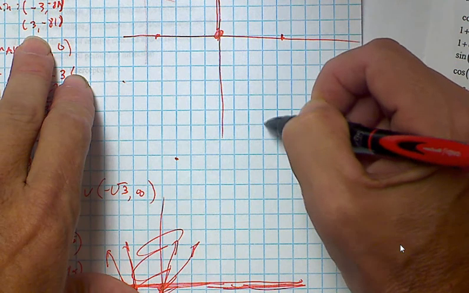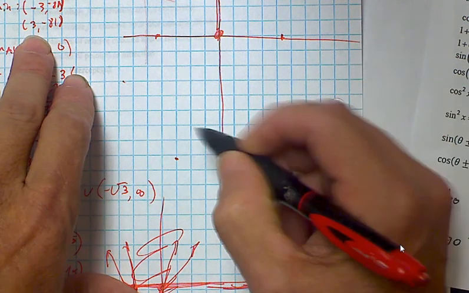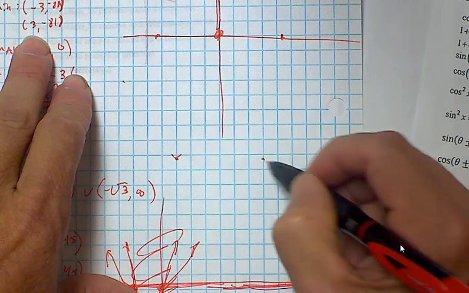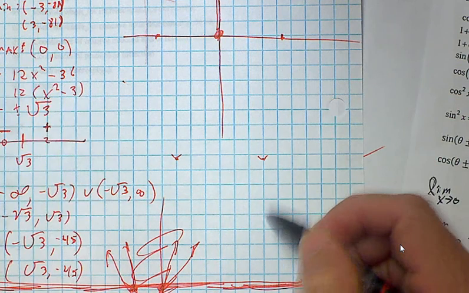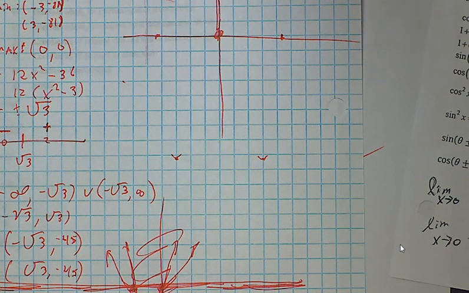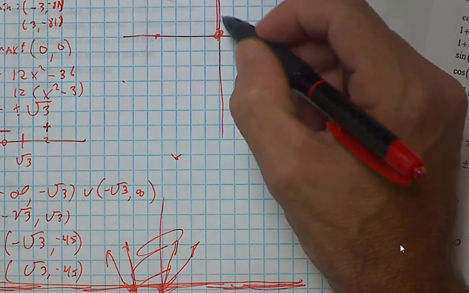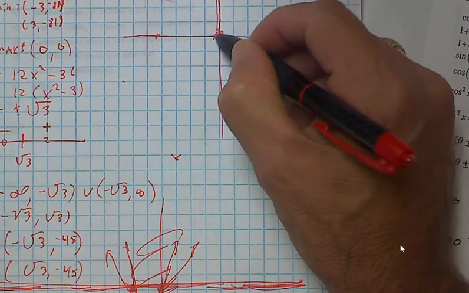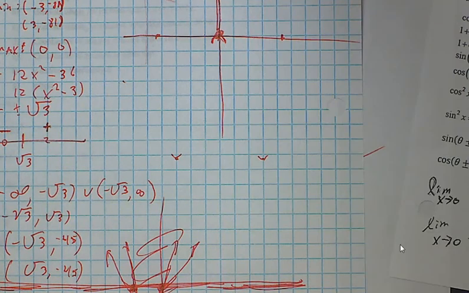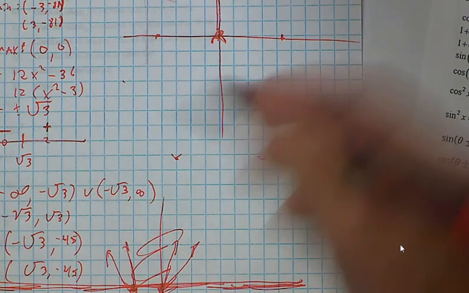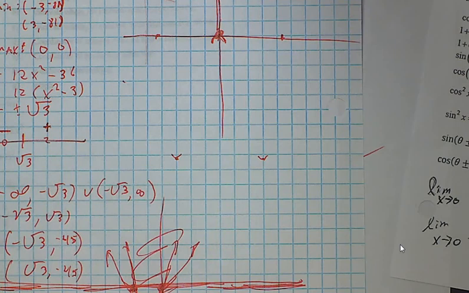And we're going to put a little cup on those, so I know I'm coming up from my relative mins. I had a relative max at 0, 0. So I'll put a little hill right there. I'm done with B and C.